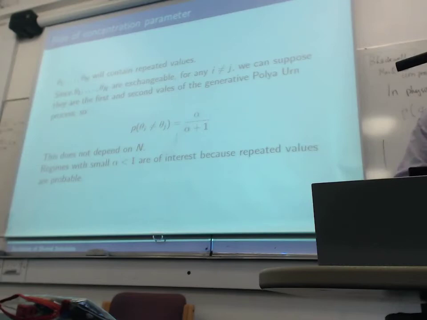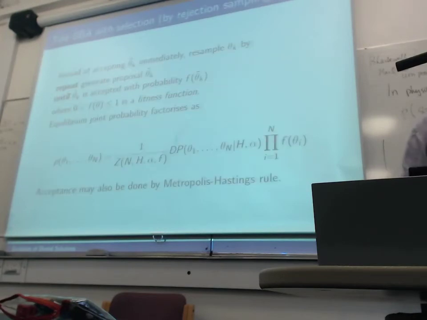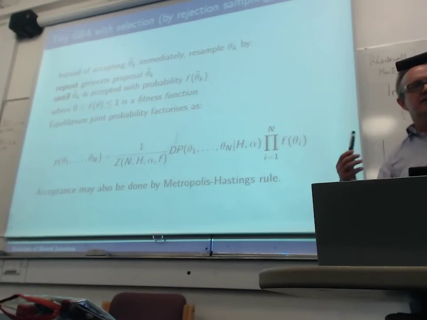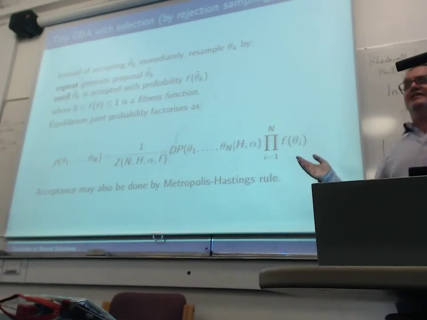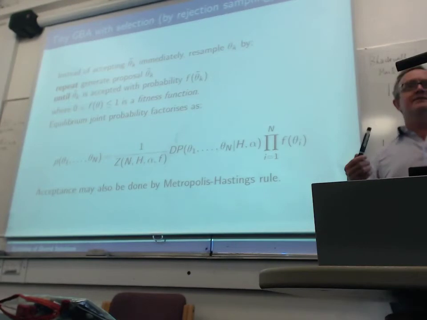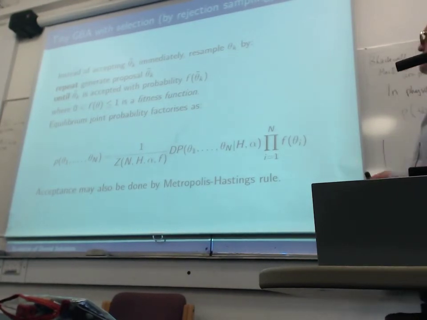Now, let's develop some more intuition. Let's put in here some selection. So instead of just accepting every new gene that gets bred by this process, let's put in a fitness function. So we breed something, we regard whatever we bred as a proposal.